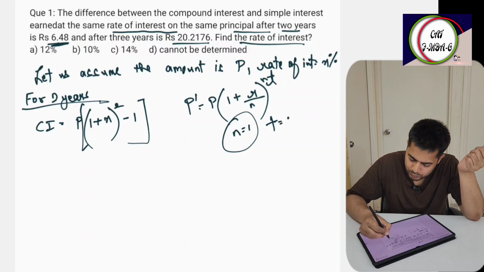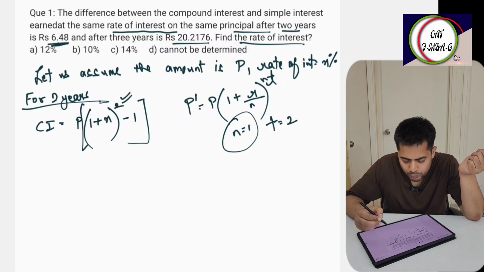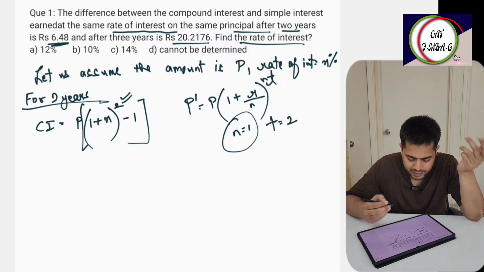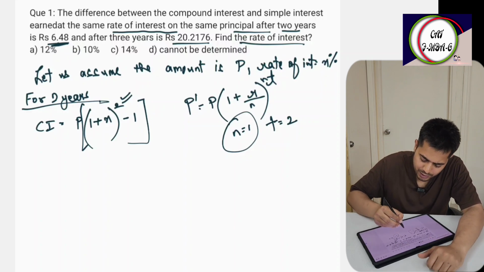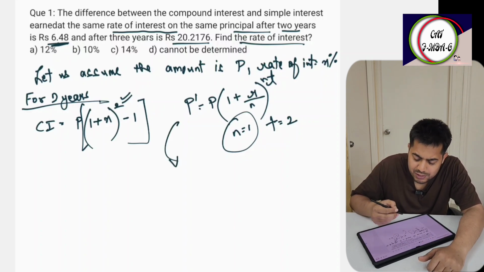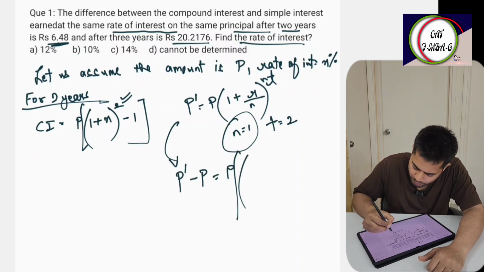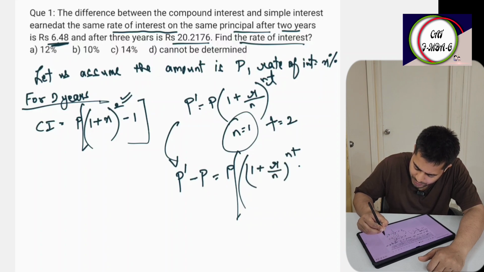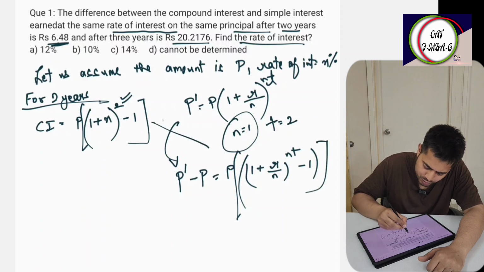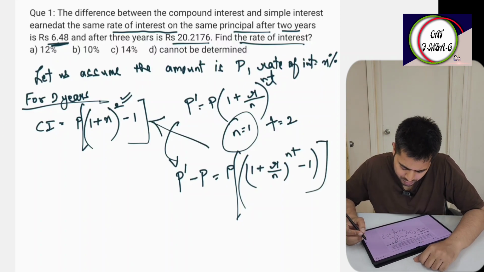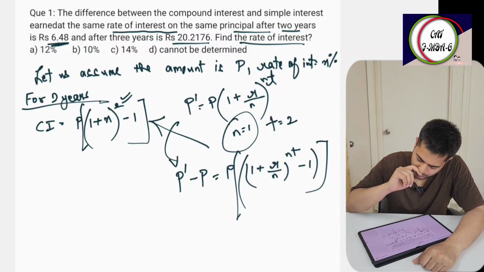Here T is equal to 2, R is X, and P is P. And when we have to find compound interest, it will be given as P dash minus P. So it will be P common, (1 plus R by N) to the power NT minus 1. That's why we have arrived at this formula. So that's how you find out compound interest.